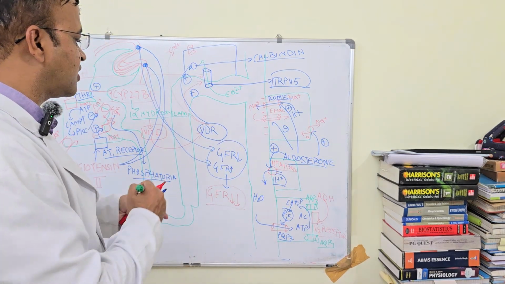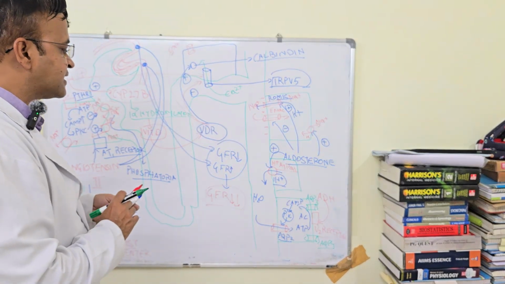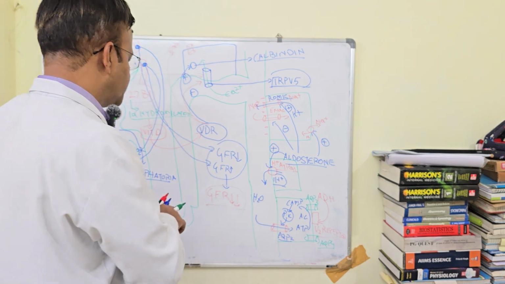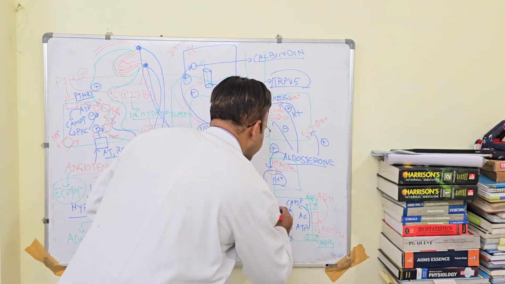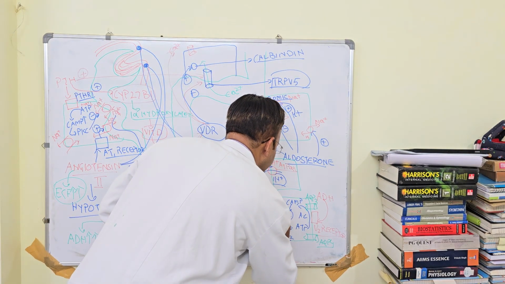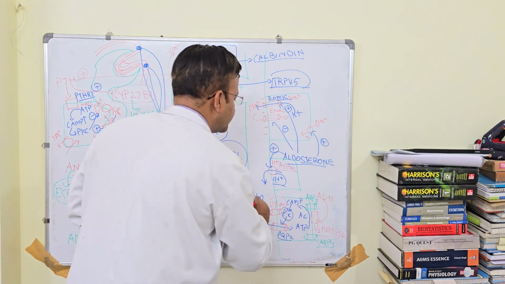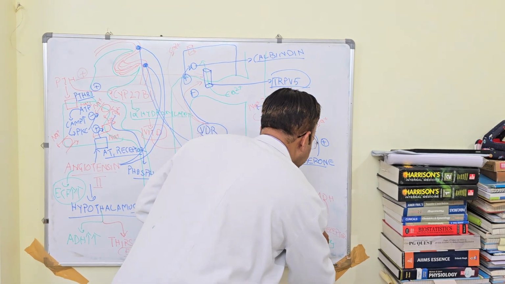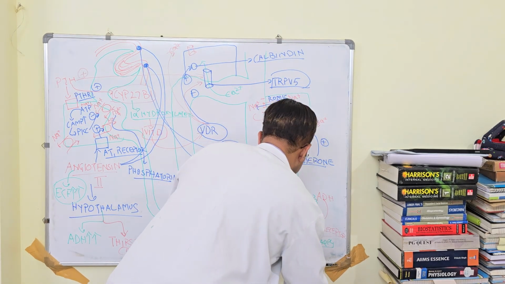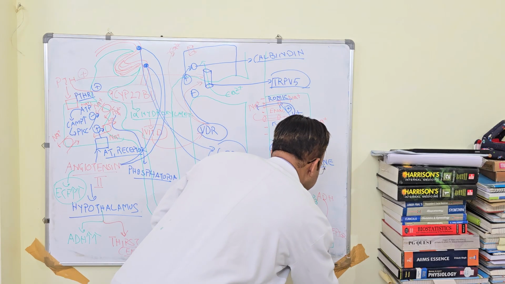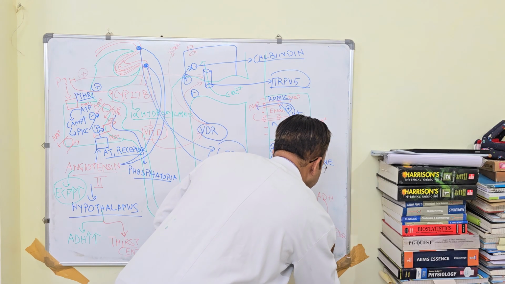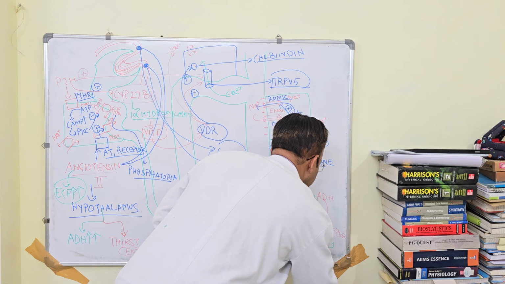Apart from that, ADH also helps in the urea cycle. So you will have UT-A1 reabsorbing urea, and through UT-A3 it will be reabsorbed further on the basolateral side.